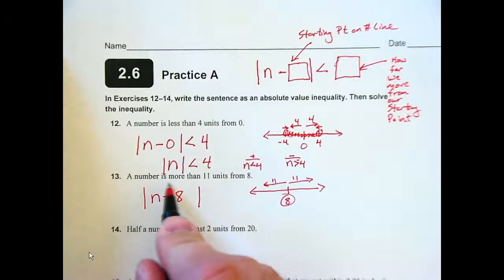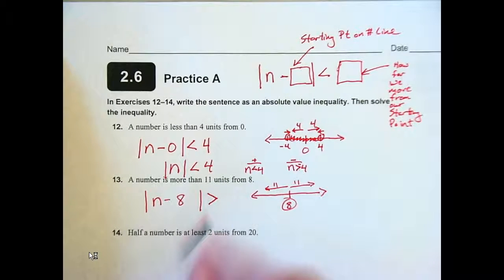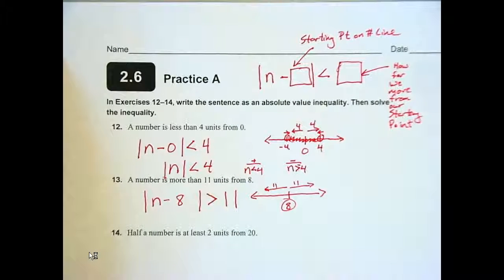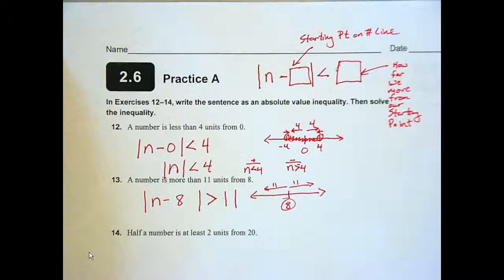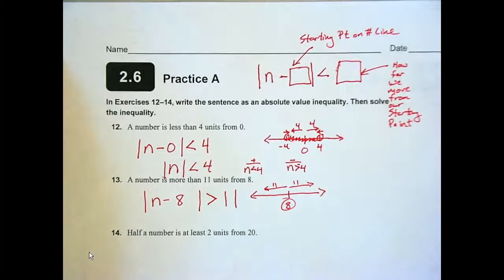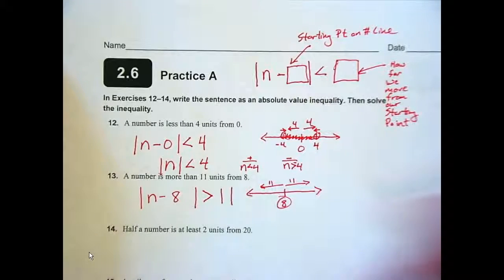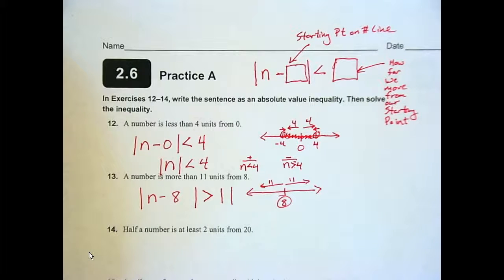And in this case, it's more than, so that is greater than 11. Could it be equal to? No. If it said 11 or more, then it could be. Okay? And then from there, we'd be able to solve it.